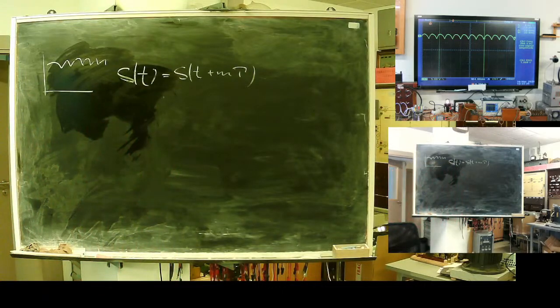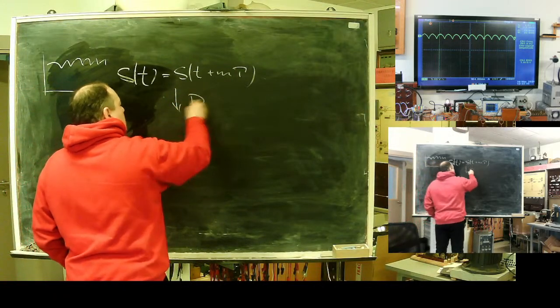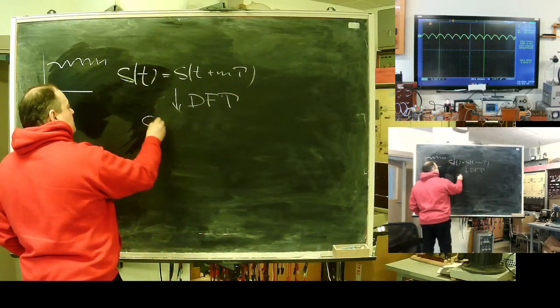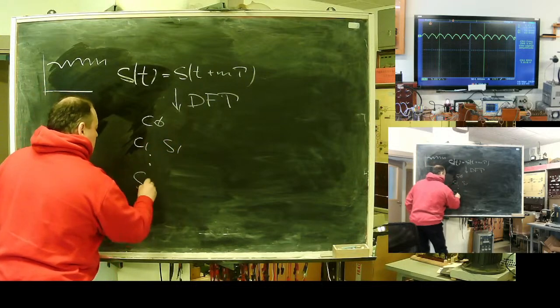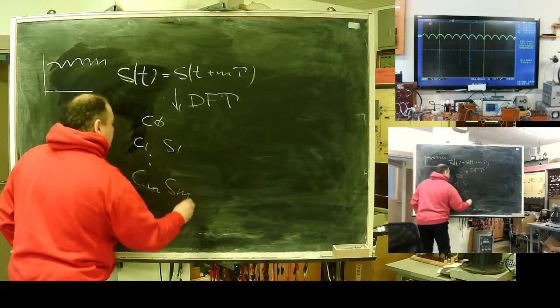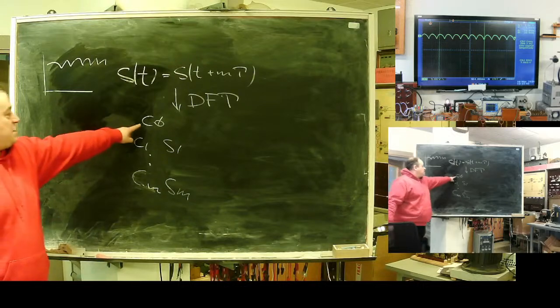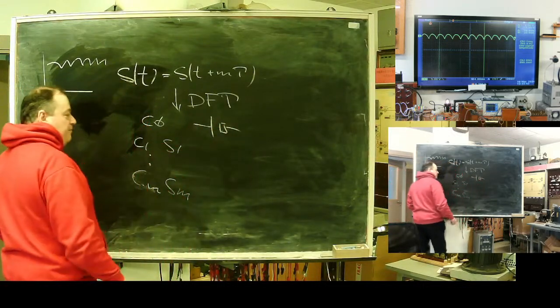Next, with the help of DFT, I can transform it to C0, C1, S1, and so on, up to Cm, Sn. What are these components? This one is ideal DC.